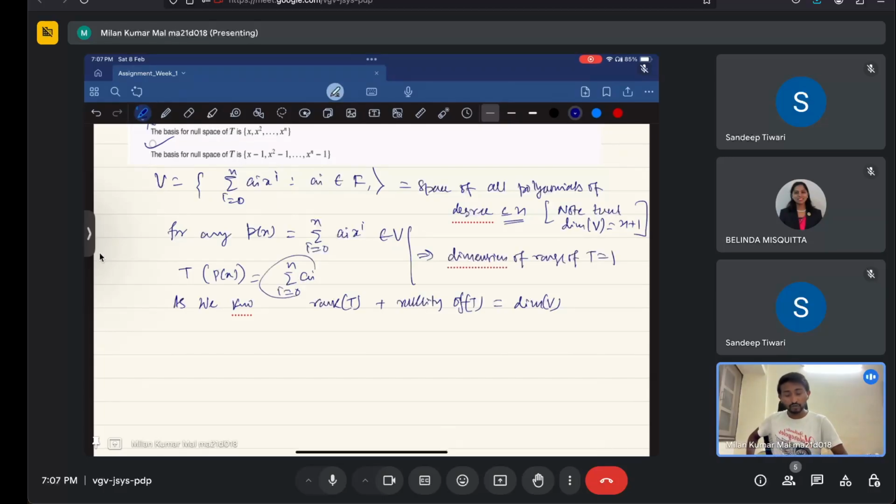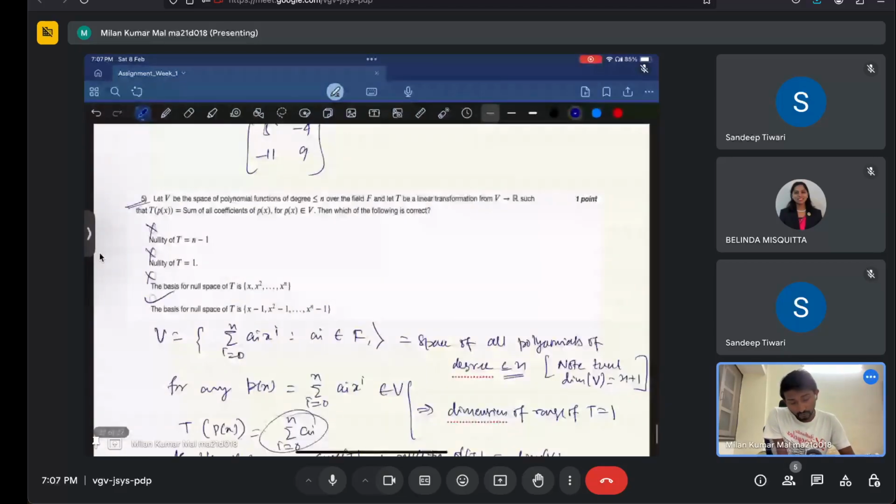That's clear, because that is always going to be a scalar element. So that's why the right hand side does not need any other element. So that is dimension 1. And also T is defined from V to R, so automatically the range can't be more than 1. So rank of T is 1. So in that case, that is equal to n.